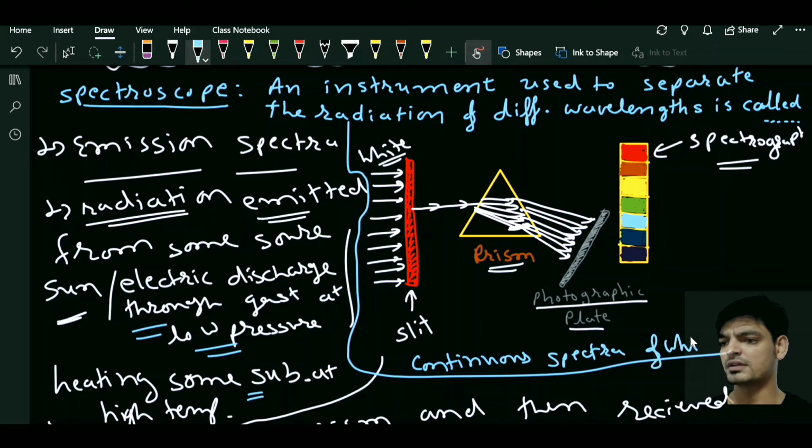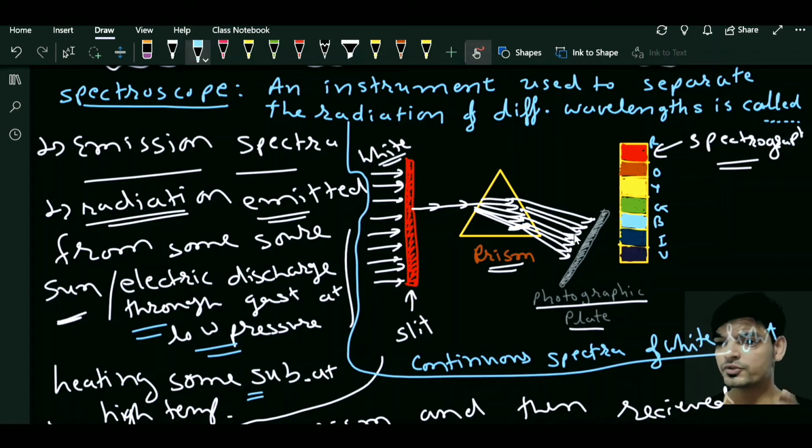Because from the sun the white light is coming, so this is the continuous spectra of white light. You can see that the VIBGYOR is there, different colors: violet, indigo, blue, green, yellow, orange, red. So you are getting the different bands of colors, and there is no space between them, and that's why it is known as a continuous spectra.